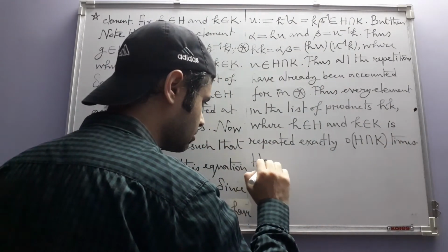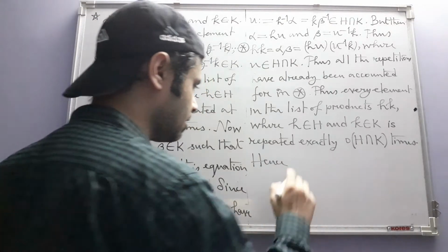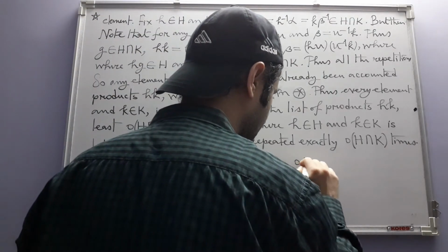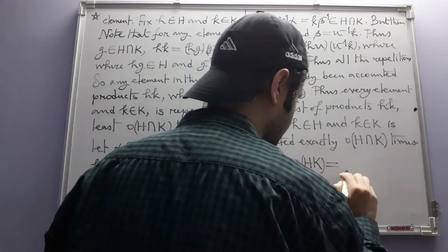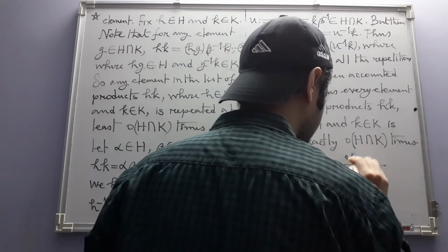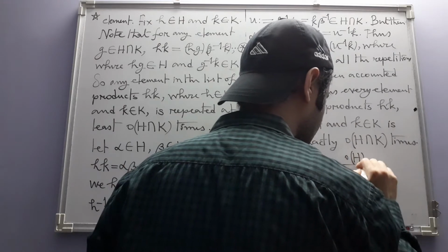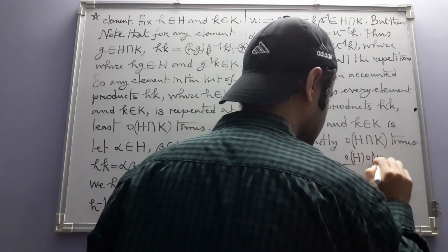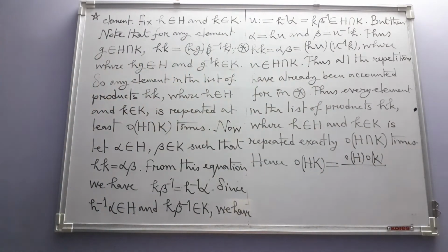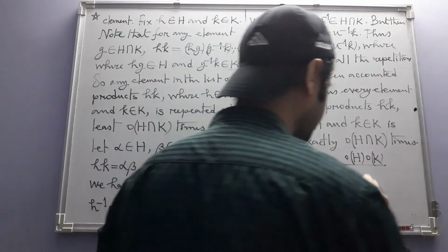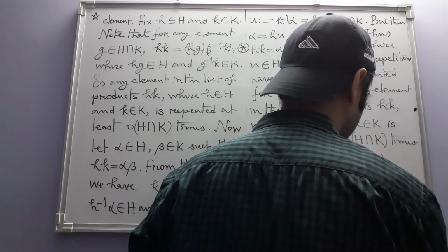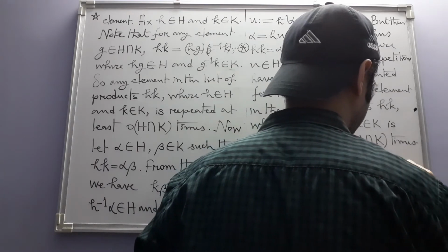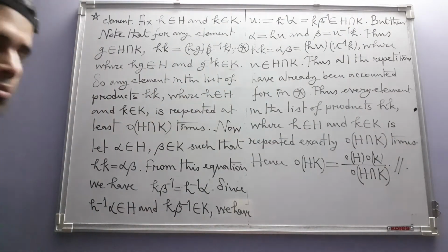Hence the result: the number of distinct elements in this set is the number of elements in the list of such products, which is the product of their orders divided by the number of repetitions, and that completes the proof.